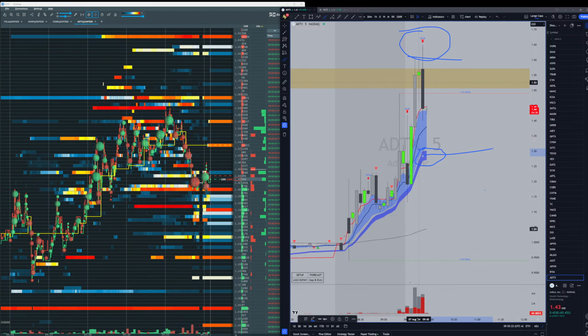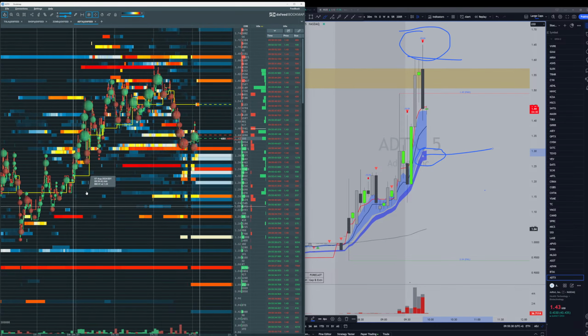And in this case, Tesla is continuing, but it's fine. Let's focus for now on ADTX. We can see over here we have this major trendline break, all right? Backside of the move.